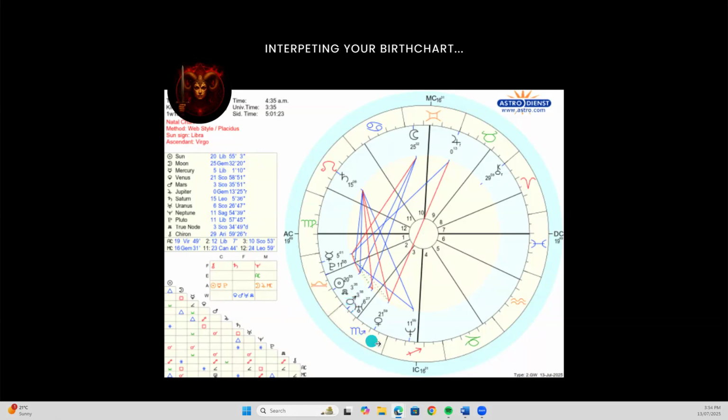So it's 3 degrees of Scorpio, and it's sitting in the 2nd house. So the 2nd house might also be of significance to me when I start to learn about the different houses and what the significance of Chiron is by house.